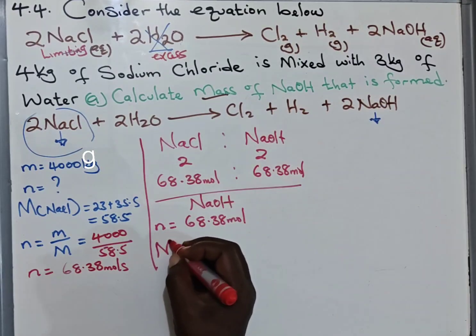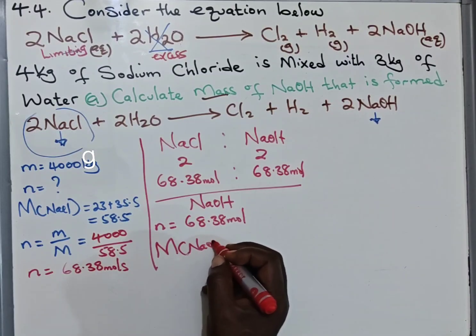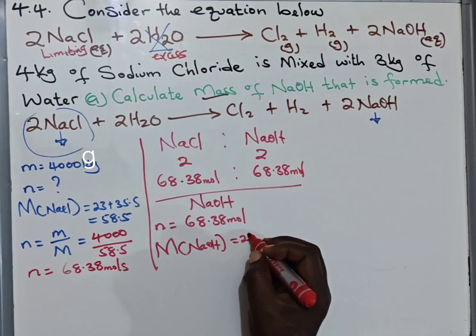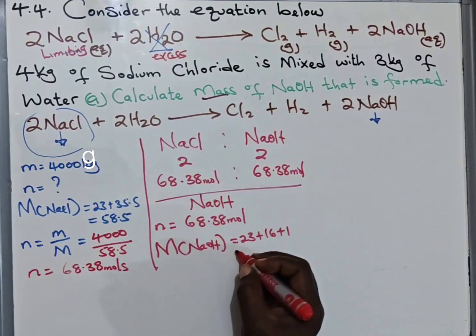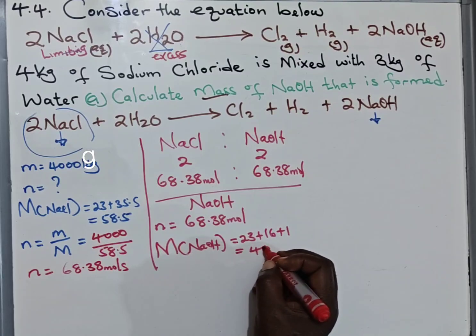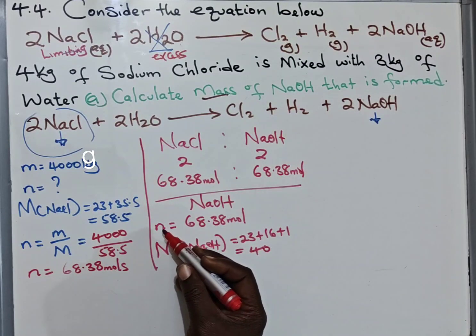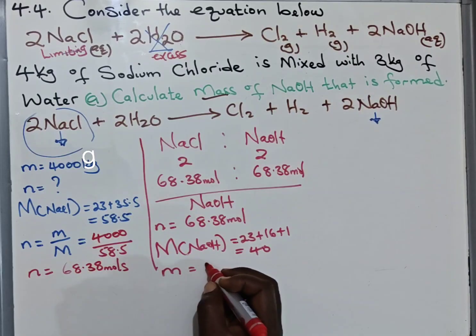What else do we know? We know its molar mass because we know its formula. So it's sodium hydroxide. When you look at its molar mass, it's going to be 23 plus 16 plus 1, where you get 40. So when you have the number of moles and you have the molar mass, you can now determine the mass.